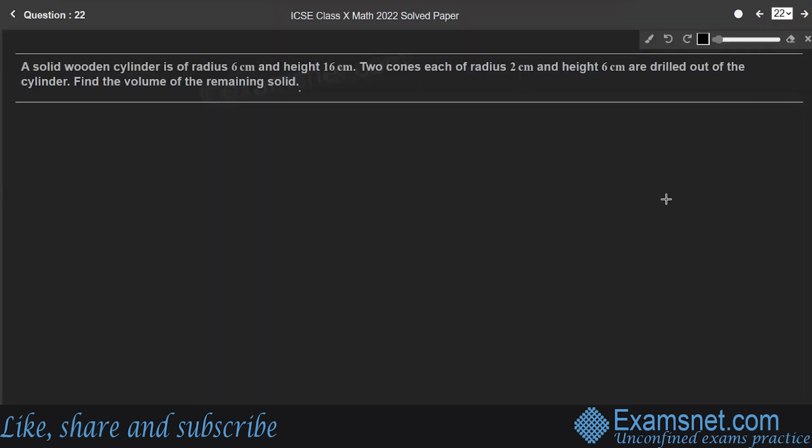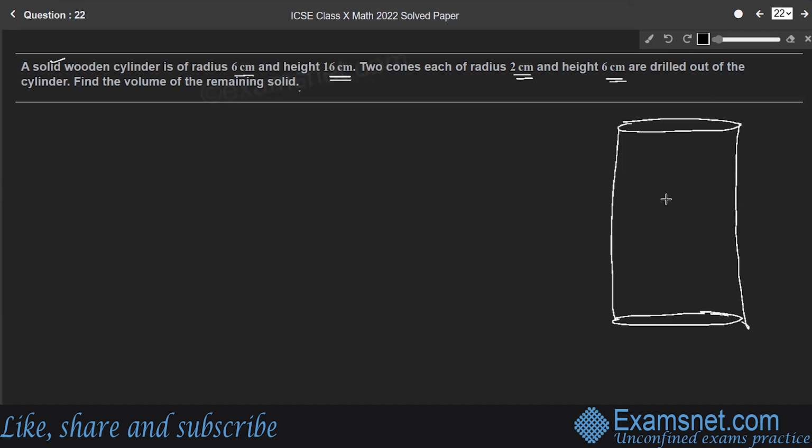Question 22. A solid wooden cylinder is of radius 6 cm and height 16 cm. Two cones each of radius 2 cm and height 6 cm are drilled out of the cylinder. Find the volume of the remaining solid. So here let us consider a cylinder. Radius of the cylinder is 6 cm and its height is 16 cm.